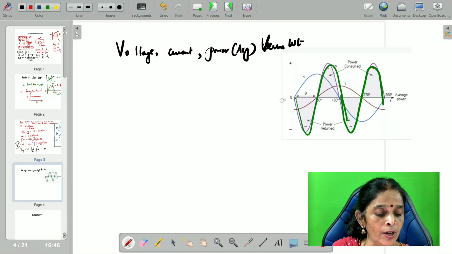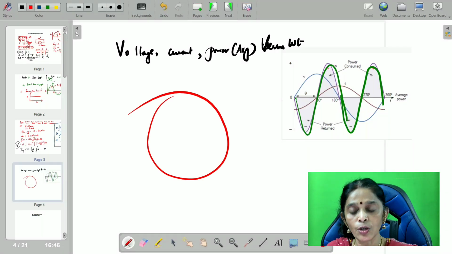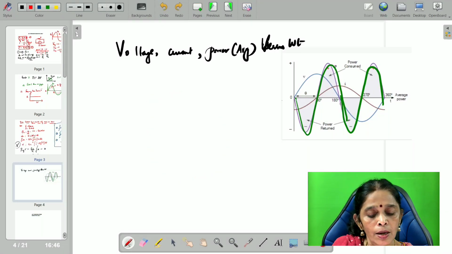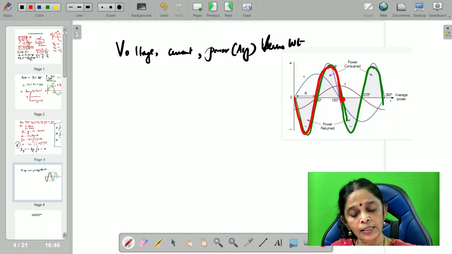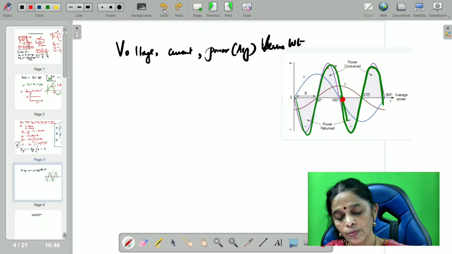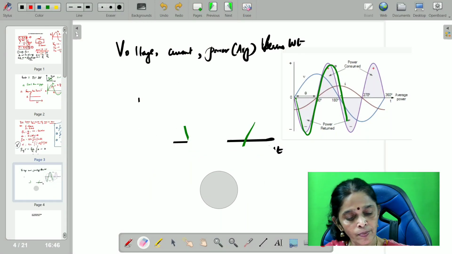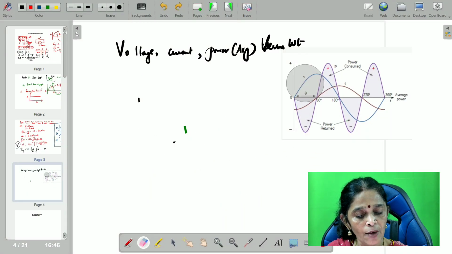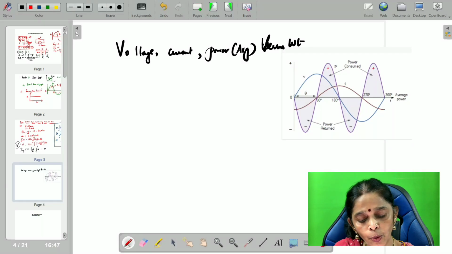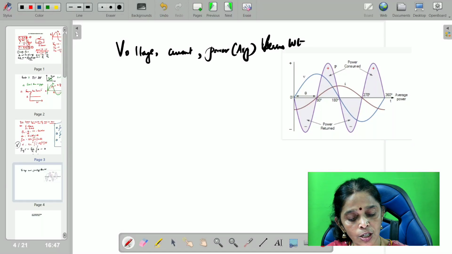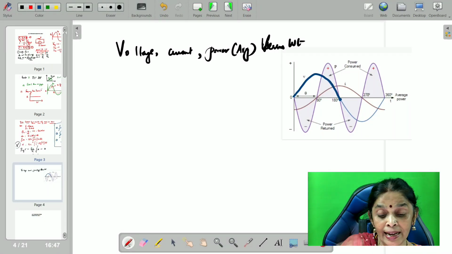Next, this is 0 to 360 degrees, a full rotation. Now 0 to 180 degrees, let us first draw, and then we'll go for the 360. This is a sinusoidal graph. Which is voltage? The blue color one is voltage. Please be very careful.